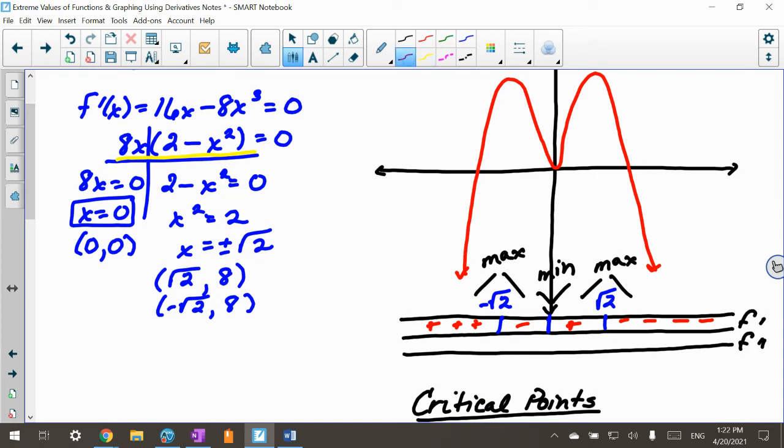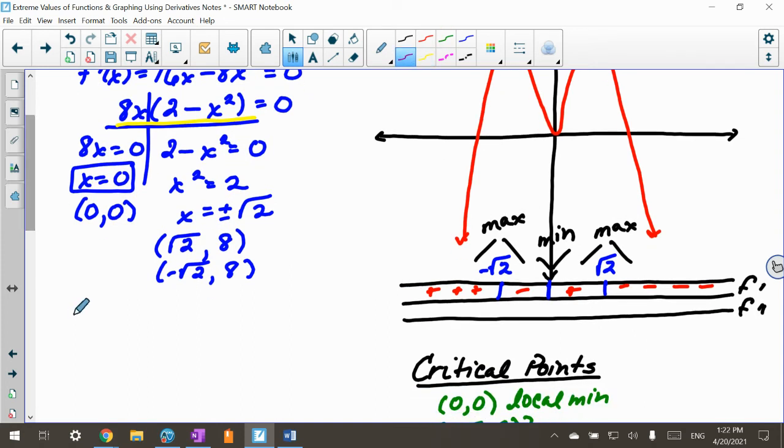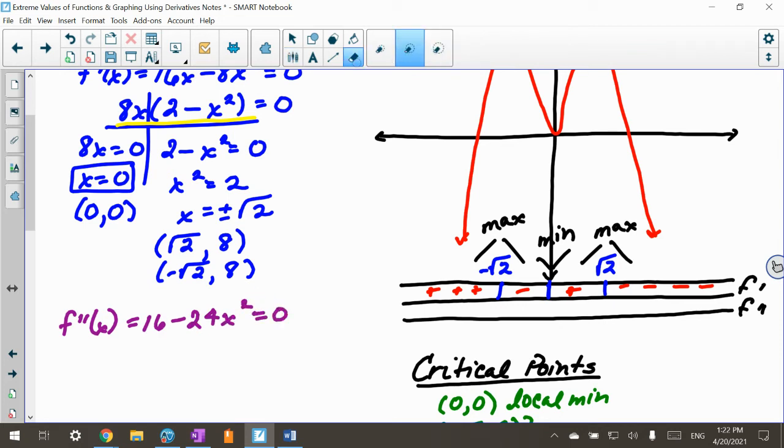So the second derivative of that would be 16 minus 24x squared, put equal to 0. Okay, and then I'm going to do 24x squared equals 16.